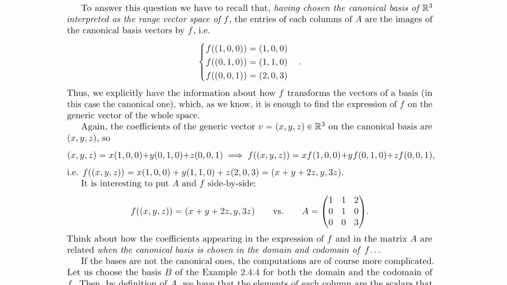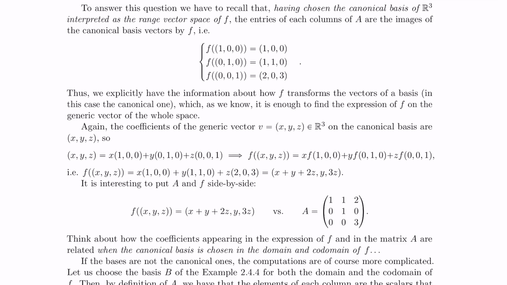By putting the expression of f and A side by side, you can find the pattern that allows you to immediately express a matrix as a linear map with respect to the canonical basis of both the domain and the range vector space. Think about that, and then we'll discuss it during our weekly meeting.